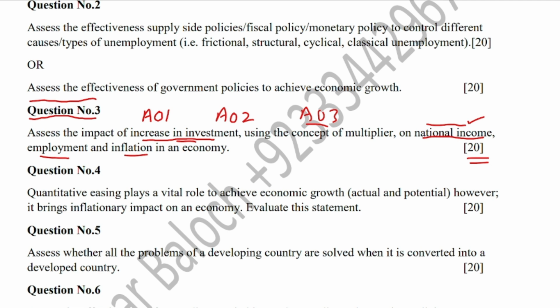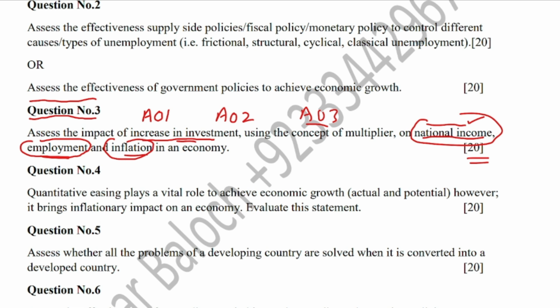First of all, as an opening statement you can write that there are several government macroeconomic objectives to achieve in a given period of time, such as increasing national income of the country, increasing employment, controlling unemployment in the country, and controlling inflation as well.